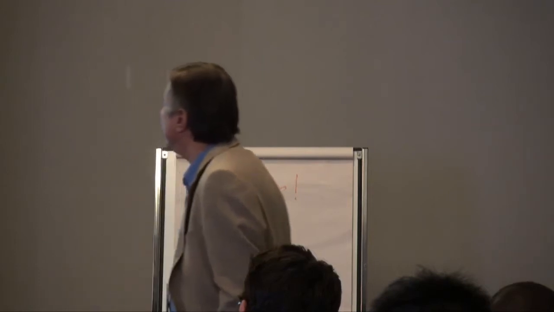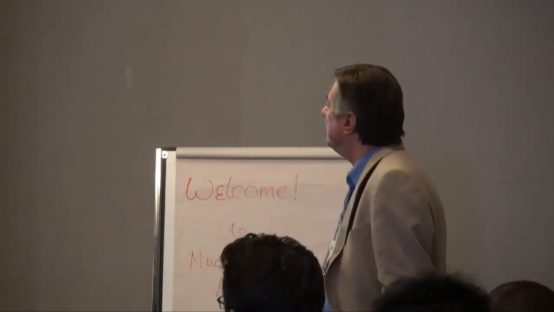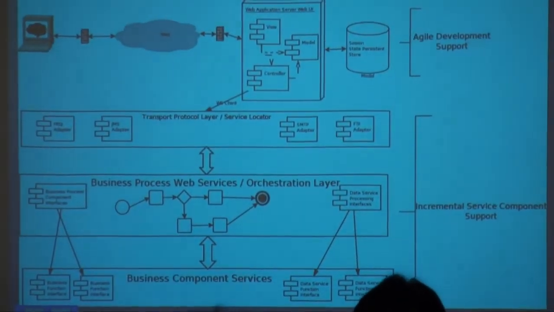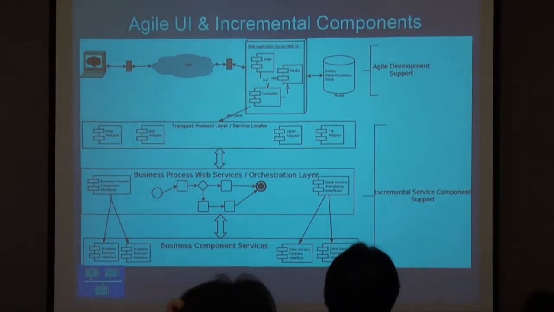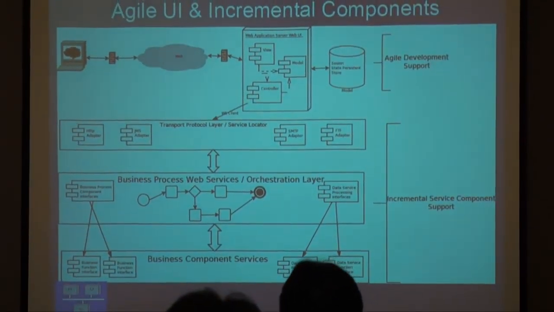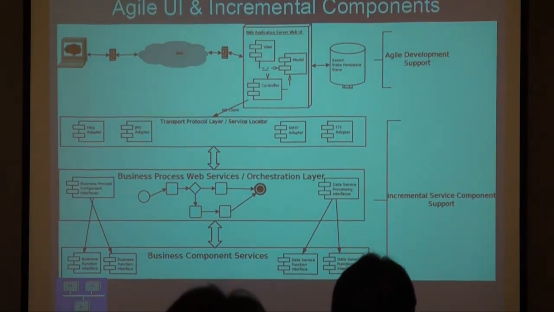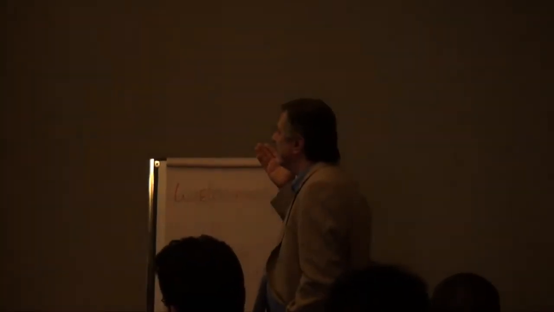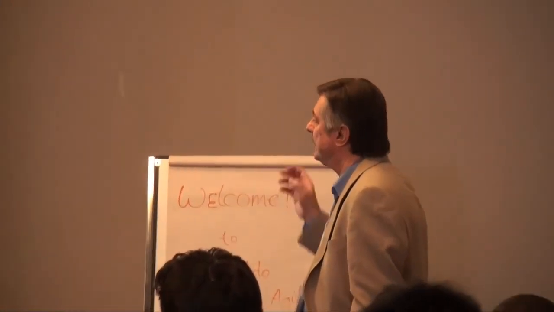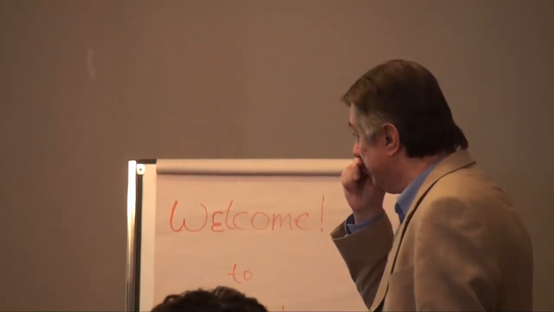So here is a diagram that shows where I think is really the Agile part of the whole system. This is the user interface level, a web application server UI, following a model view controller architecture that keeps state of the sessions that the user executes against this service.